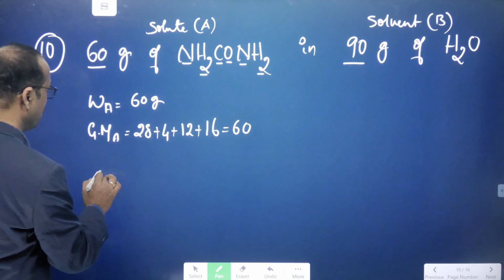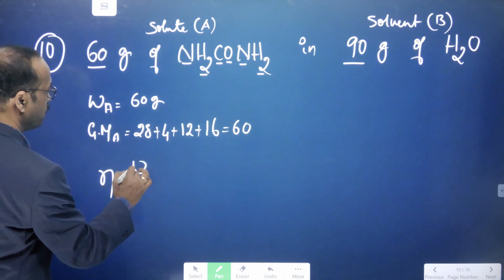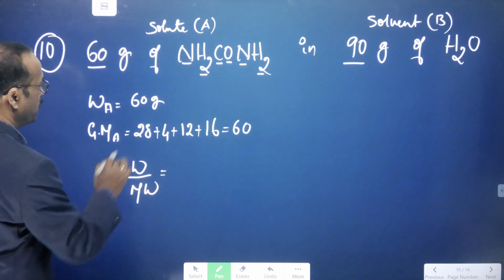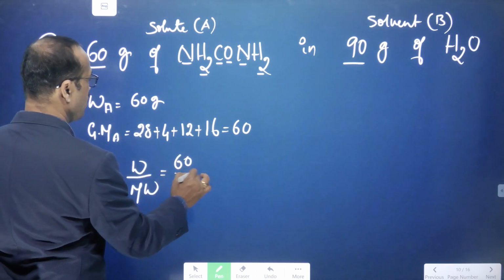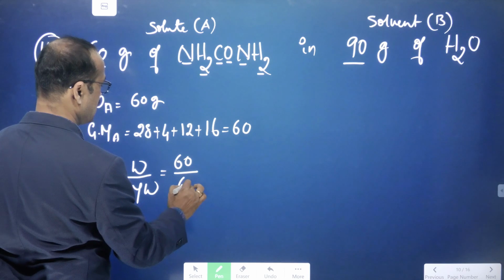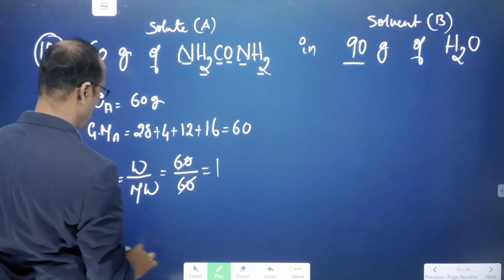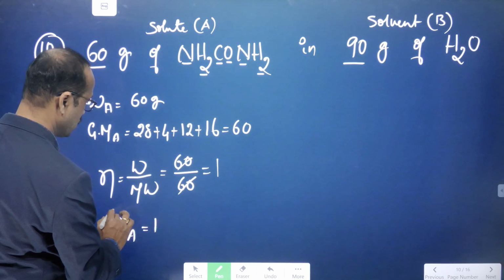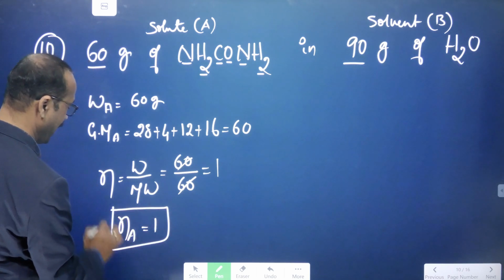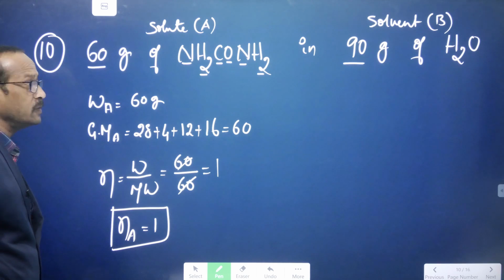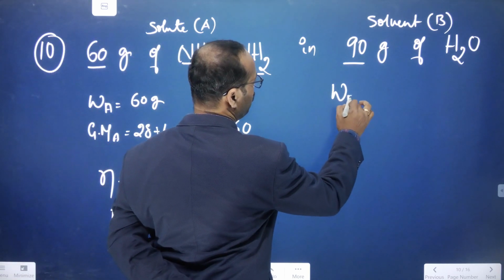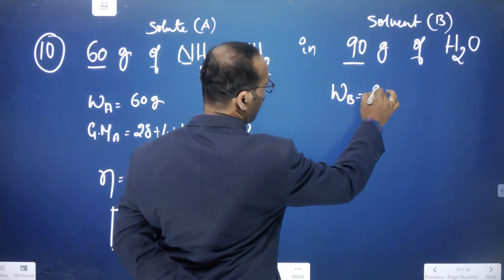And what's the number of moles formula? Weight by molecular weight. Weight is 60, molecular weight is 60. 60 by 60 is equal to 1. So the number of moles of solute is equal to 1. So we got Na. Clear? Now you can find that for the solvent. Weight of solvent Wb is equal to 90 grams.